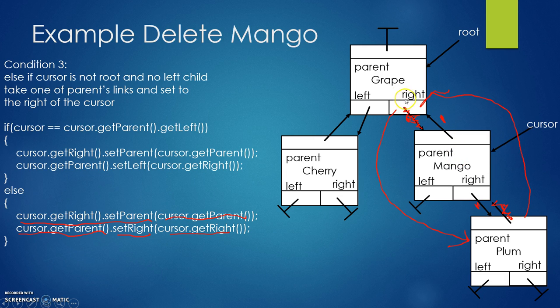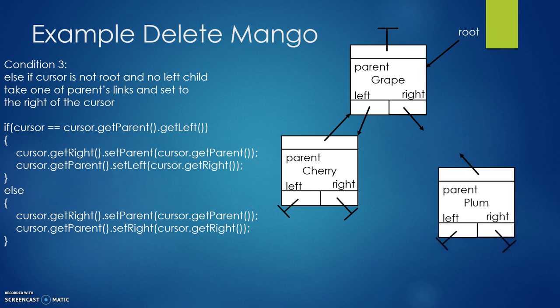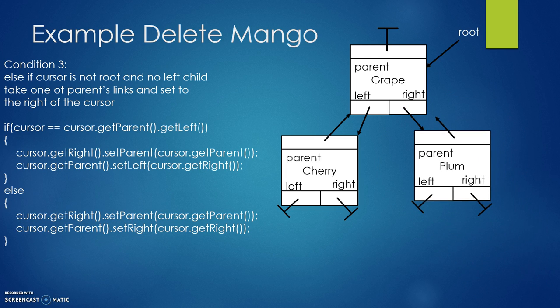Set right sets this value to cursor get right. Cursor get right is pointing here, so now that right part is going to point here. Let me remove all this chicken scratch and move the node logically to where it is, and that's where it ends up, with plum being to the right of grape.